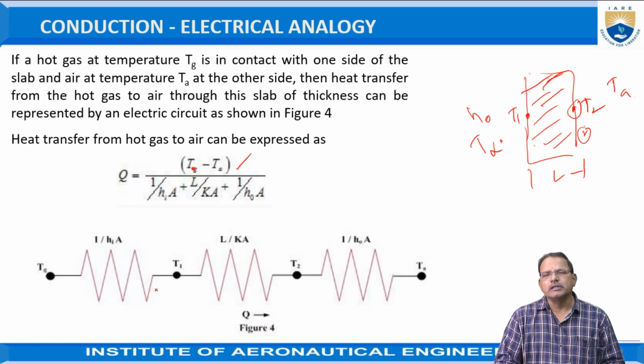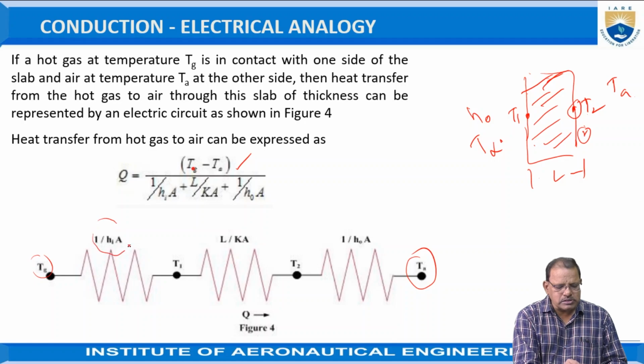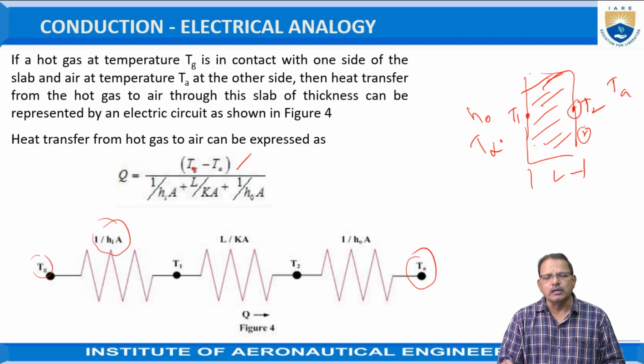Comparing this process with the electrical analogy, T alpha is the temperature at the higher end and TA is the temperature of the atmosphere. 1 by HiA is the thermal resistance of the convective surface at the inlet, L by Ka is the thermal resistance of the conductive material, and 1 by HoA is again the convective thermal resistance from the outlet to the atmospheric air.